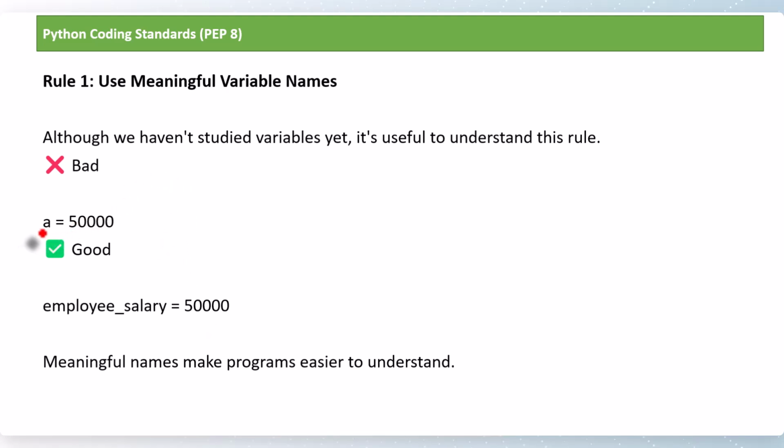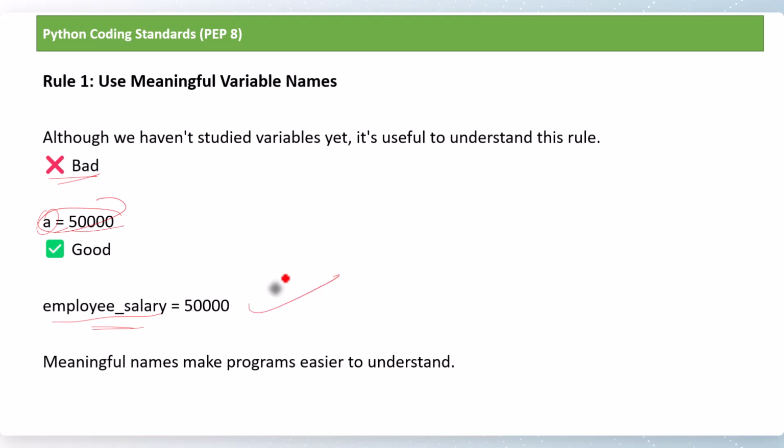For example, you are going to assign some value, 50,000, to one variable. This way is bad: a equal to 50,000. Instead, the good way is employee_salary. Why are you taking the variable name a? You can give some meaningful name, employee underscore salary.